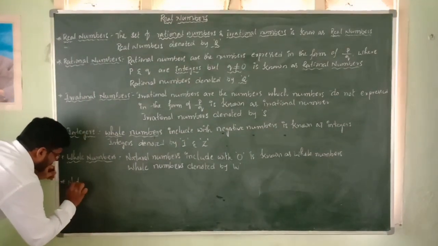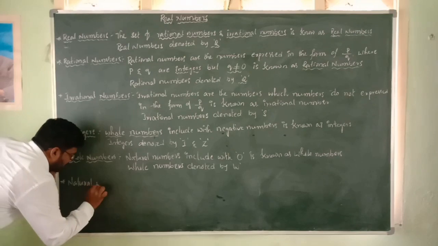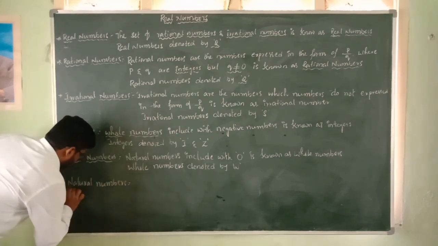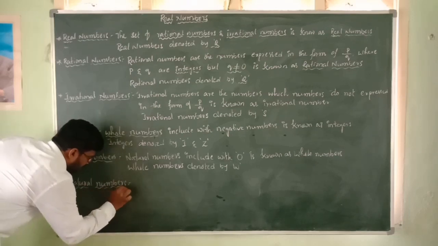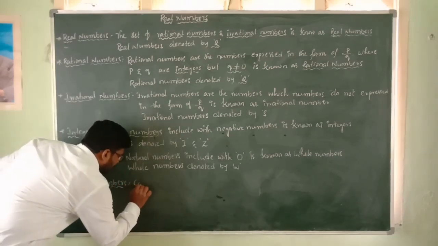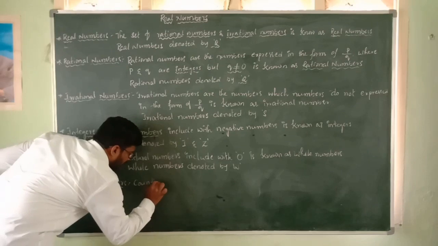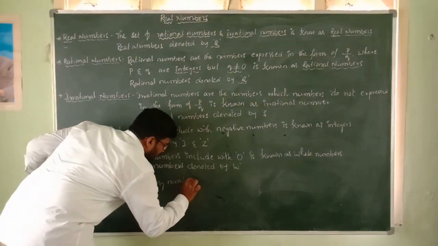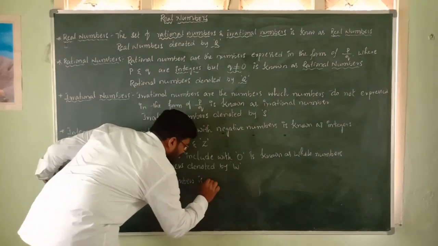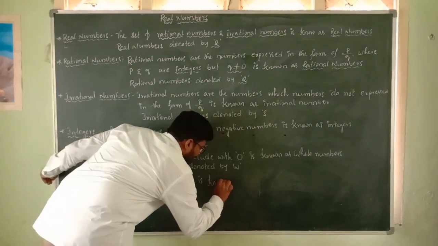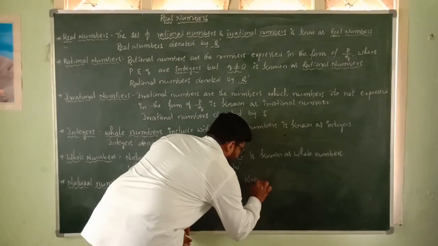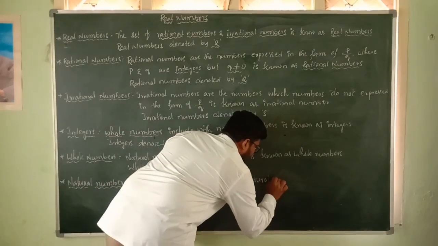What are natural numbers? The definition: counting numbers are known as natural numbers.